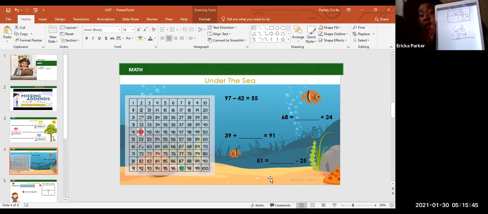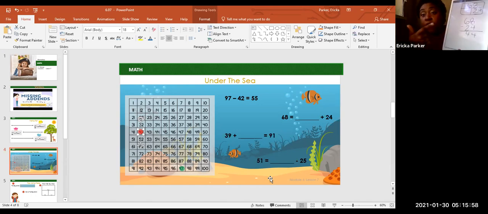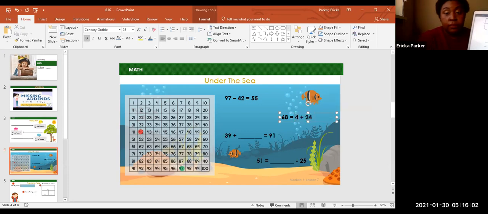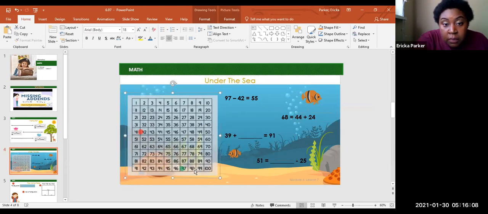Okay. First off, the beginning of your problem should look like this. So if you did this like this, you are awesome. You are on the right track. So 8 minus 4, 4. 6 minus 2, 4. What is that? 44. Okay. If you want to check this, you can start at 68.